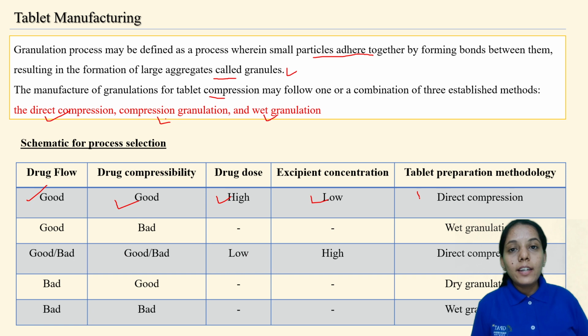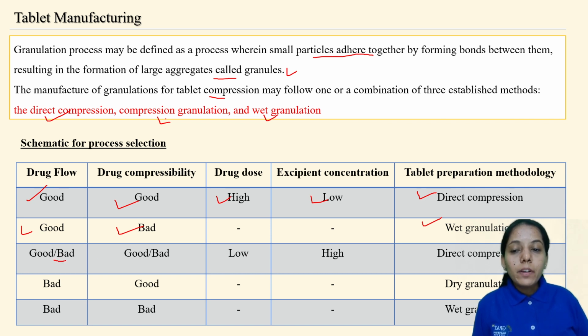In that case, we can directly go for direct compression, because its flow and compressibility are good. If the flow is good but it is not compressible, then we can convert it into granules. The granules have good compressibility, so we can go for wet granulation.